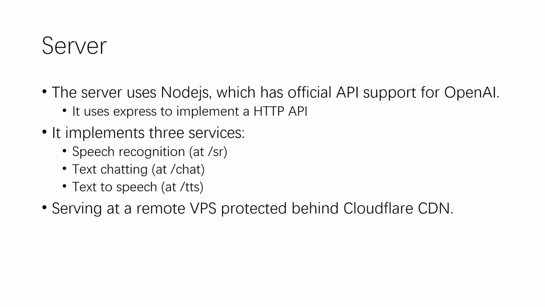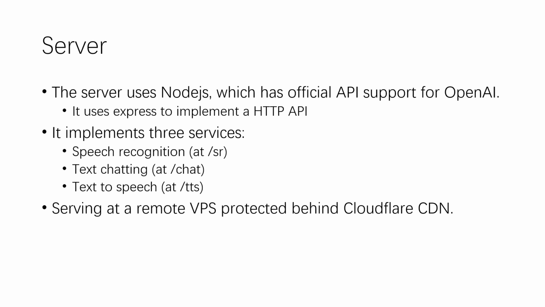Now let's introduce how the server works. The server uses Node.js, which has official API support from OpenAI. We use Express, which is a famous framework for Node.js to implement HTTP APIs, to implement an HTTP API for our service. It implements three services.